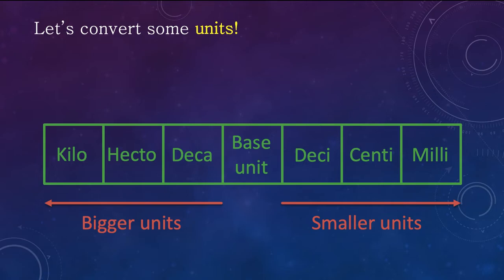Okay, so what I was saying about the base unit is I could put anything in that middle. So for example, if I put a liter in here, well, now everything changes. It goes from liter, no prefix, to deciliters, centiliters, milliliters. Same thing on this side: hectoliters and kiloliters. And we could do the same thing with grams.